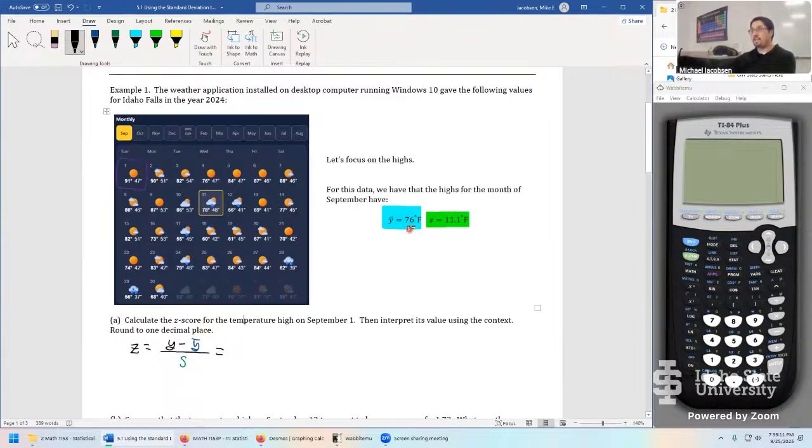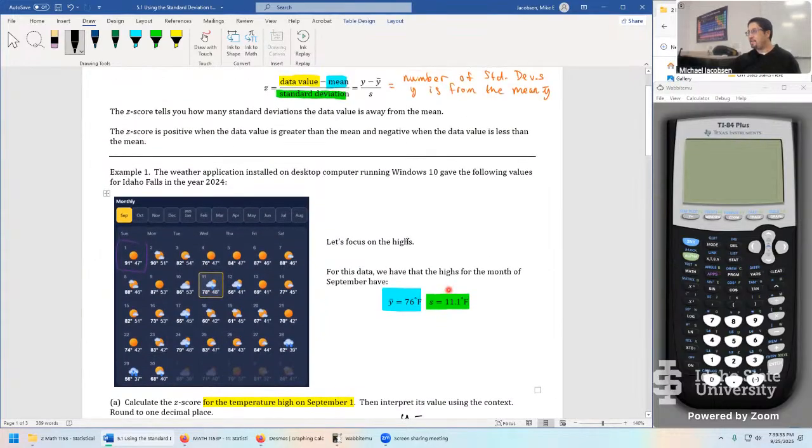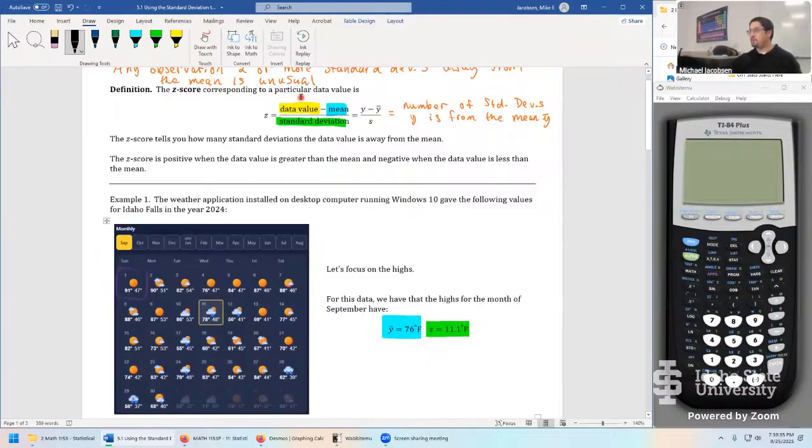Well, we have a y bar right here we're using, 76 degrees. We have an s we're using, 11.1 degrees. We'll substitute that into the problem. We just need to know what y is. It said to calculate the z-score for the temperature high on September 1st. Usually this is the hardest part about the formula: what's the data value?